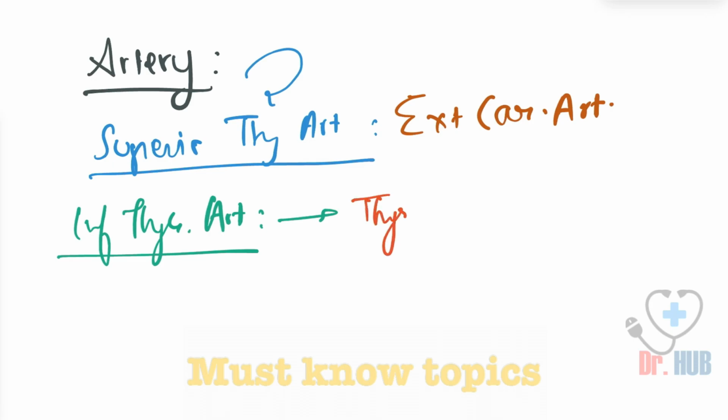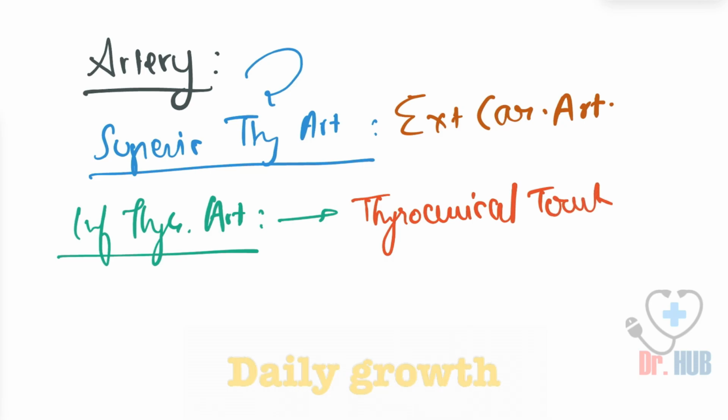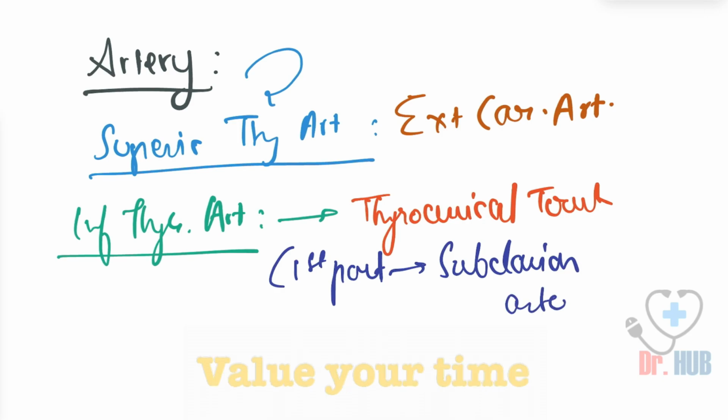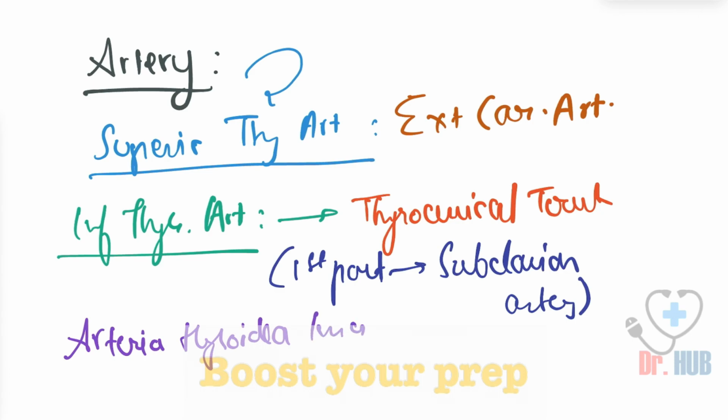The thyrocervical trunk is nothing but the first part of the subclavian artery. And next is the arteria thyroidea ima.